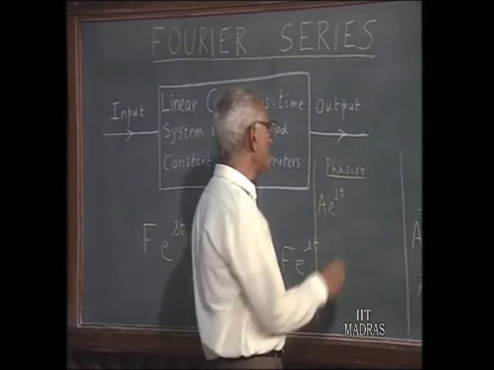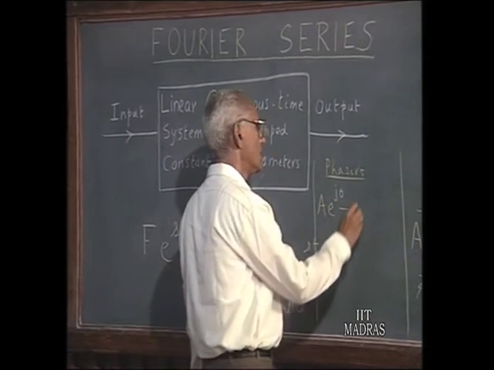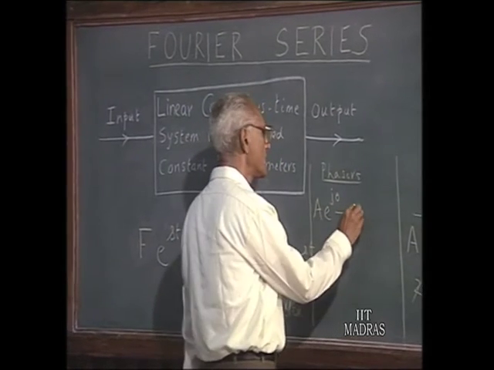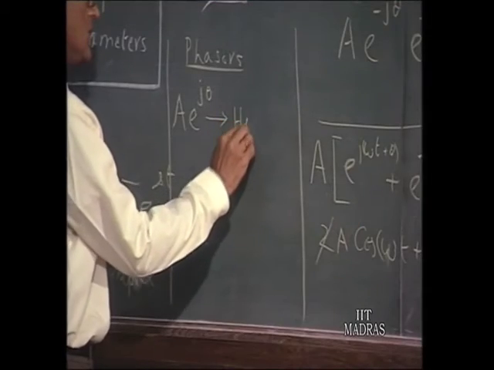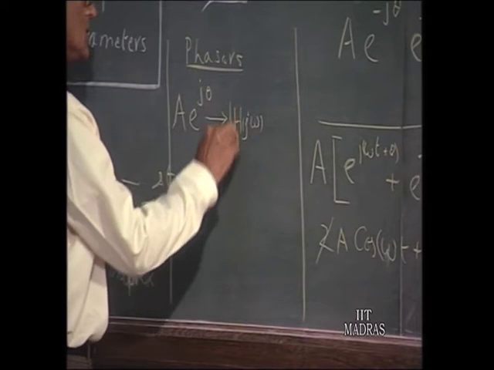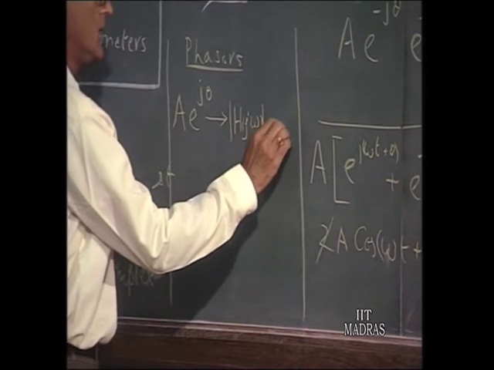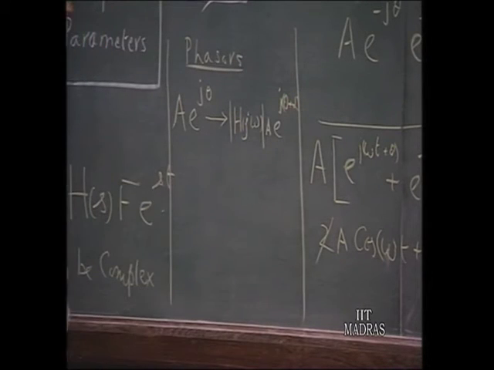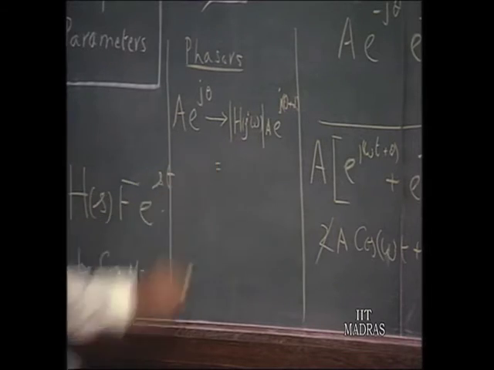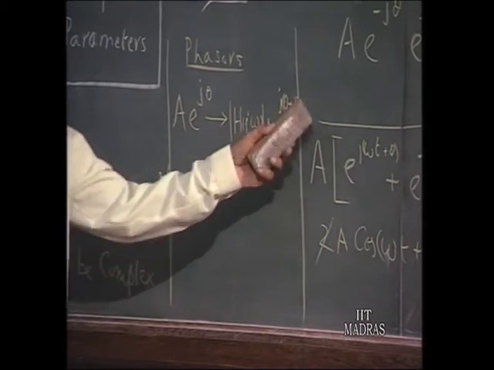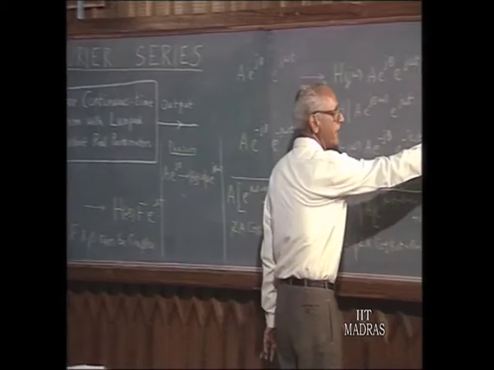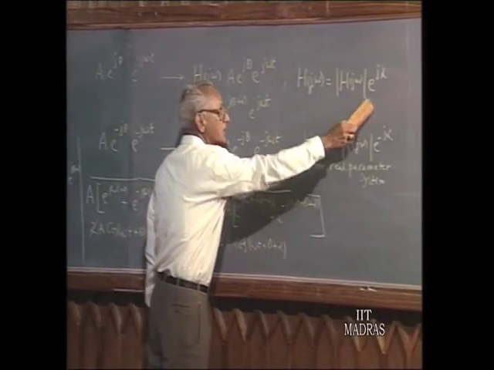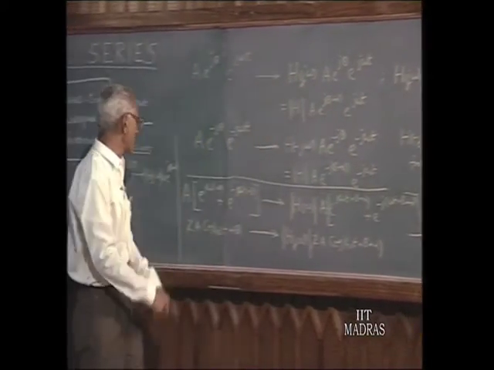And the phasor for the output is the magnitude |H(j omega)| a e to the power of j (theta plus alpha). Now, the magnitude of H(j omega) times e to the power of j alpha equals H of j omega, a complex number.